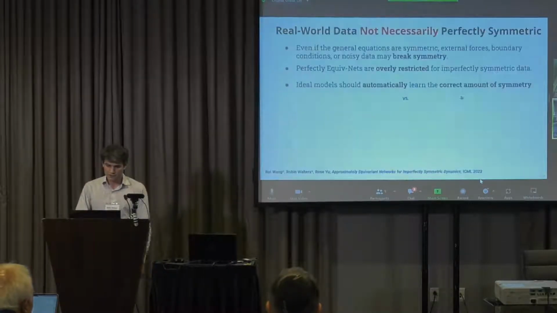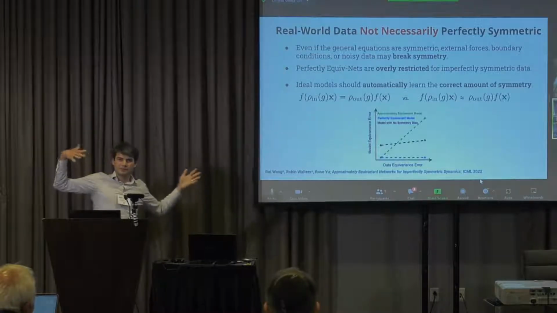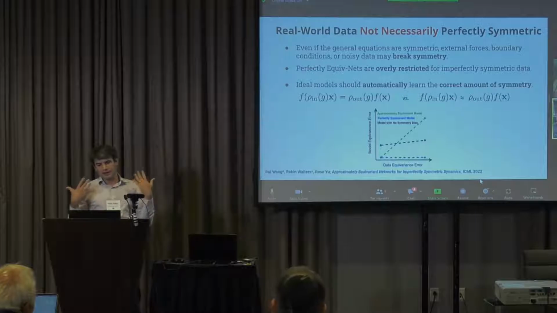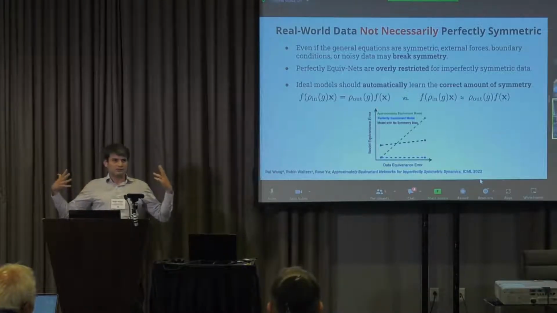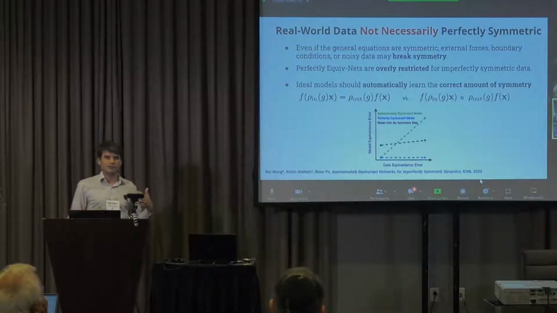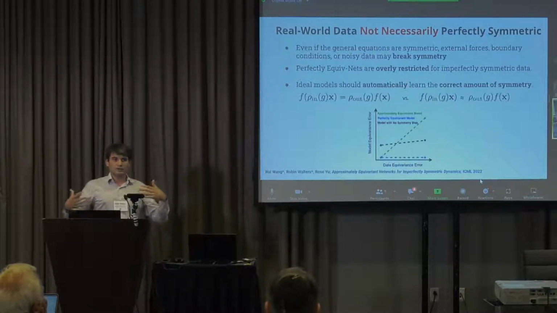Okay, so that was the equivariant path. And now I want to talk about what happens when I look at real-world data that isn't perfectly equivariant, right? So for example, one of the symmetries of the Navier-Stokes equations, if I omit any kind of external forcing, would be rotational symmetry, right? So the advection diffusion is going to be rotationally symmetric, right?